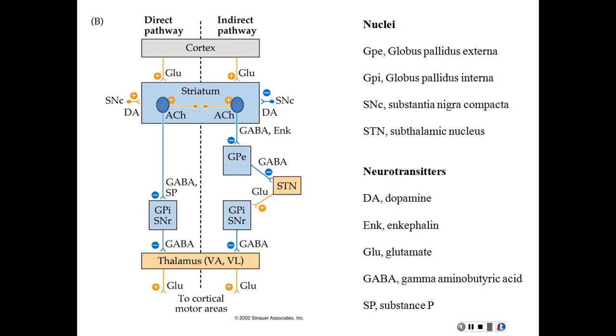Here, there seems to be an imbalance, or a loss of these inputs of dopamine, which are basically slowing the entire system down. It's almost like you've got too much inhibition occurring so that things just don't get going.